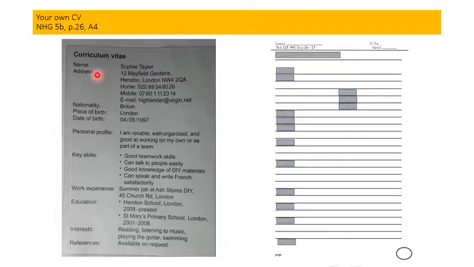And if you look at the curriculum vitae, it has certain categories like name, like address, like home, like mobile, and those go into the grey boxes. And then after the categories, you write your own information, which means you begin by copying curriculum vitae in here.